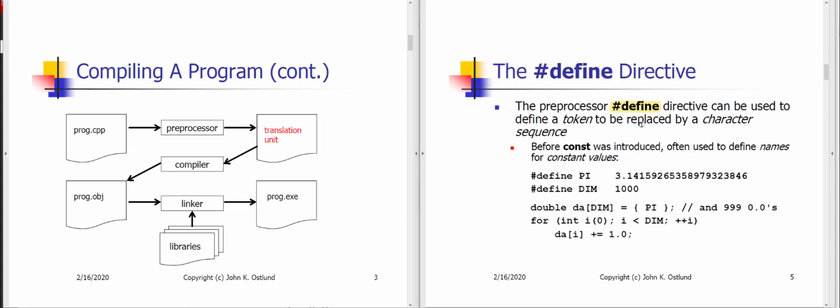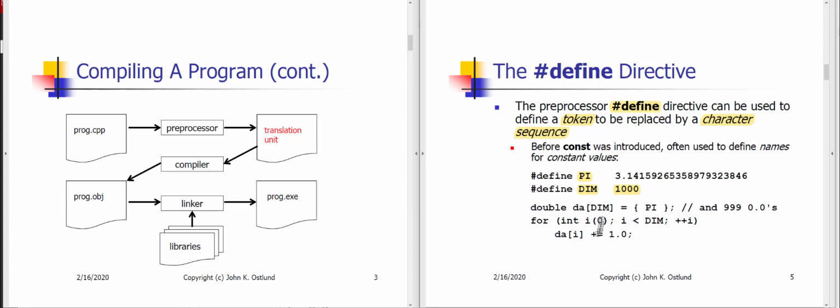The pound define directive, as we mentioned before when we were talking about const, can be used to define a token to be replaced by some sequence of characters. We previously saw this example of defining the token pi to be replaced by this sequence of characters, 3.1415926, etc. Here I'm also defining the token dim to be replaced by the sequence of 4 characters 1000.